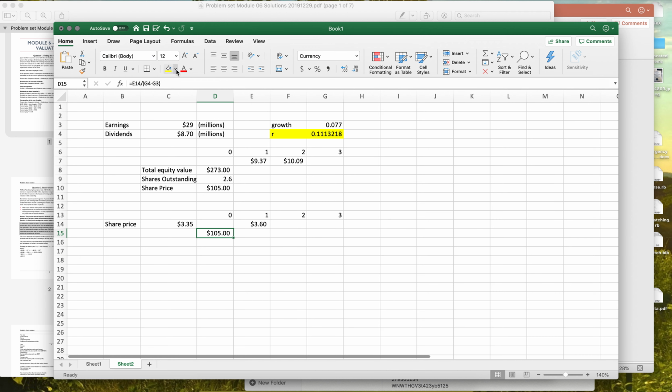Let me highlight this in a different color. We get the same answer here, and the reason is that all we do is switch to share price in the first step. In the earlier step, I got total equity value and then divided to get share price. In this one, I started with share price and didn't have to divide again. You can use either method on a test, but that's how you solve this problem.